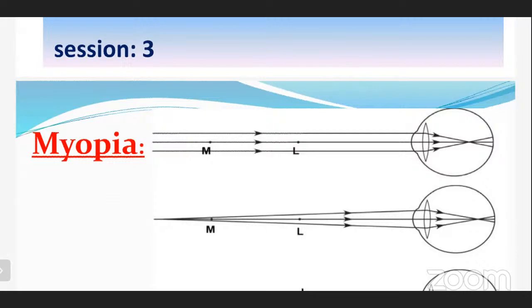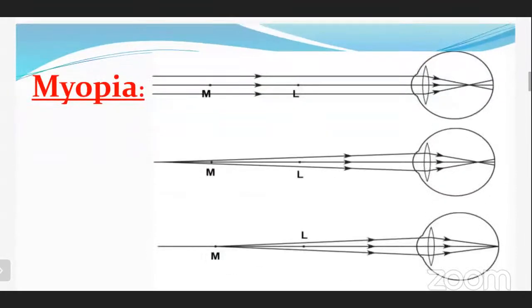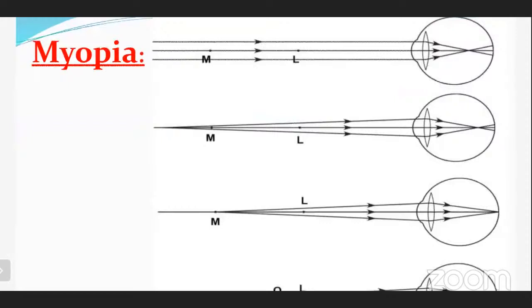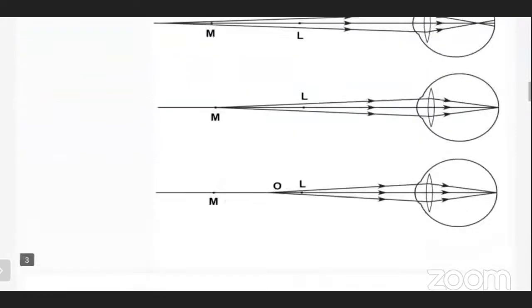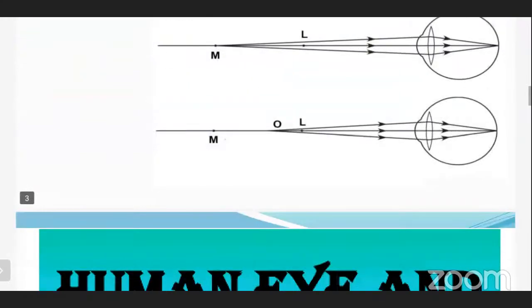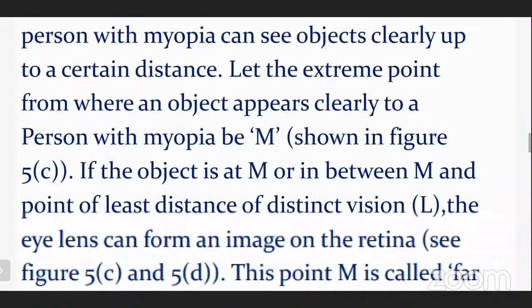For people with the myopia defect, the image forms before the retina. Observe the first figure. The intersecting point of the light rays is here, in front of the retina. That's why, for myopia people, the image is formed before the retina.